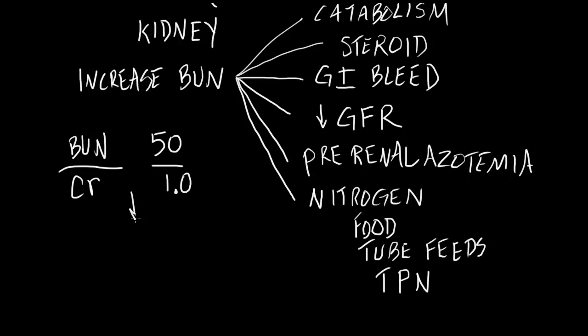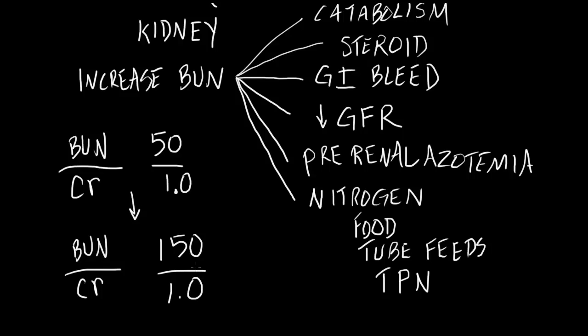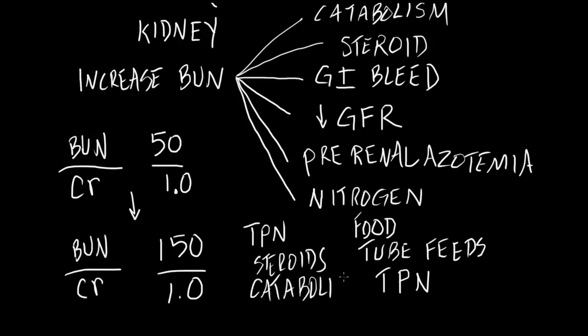Occasionally, these same patients will have BUN creatinine ratios that increase to 150 to 1 over a period of 3 days. These particular patients are patients who have, in the interim, added TPN, steroids, and are catabolic at baseline.